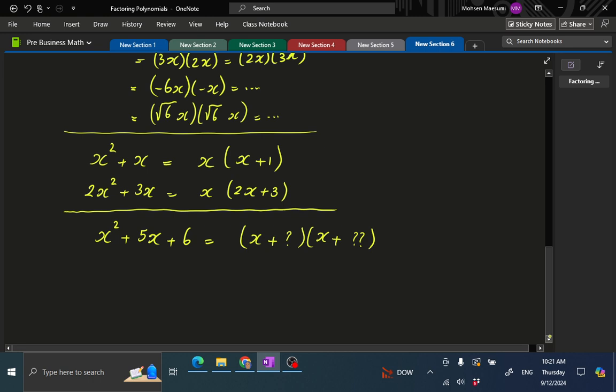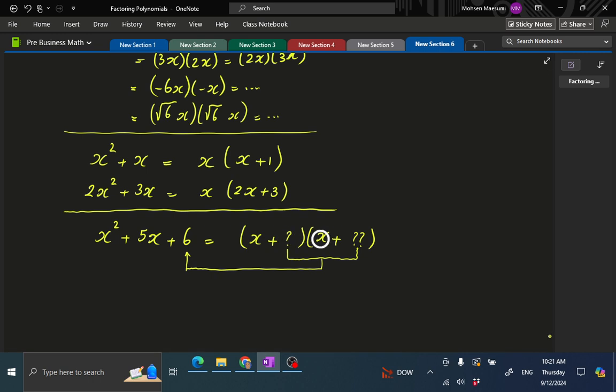I have to find them such that when I multiply these two, this question mark and that question mark, I get this 6 back. And when I multiply this question mark with this x and that one with this one, and put them together, I get this 5.